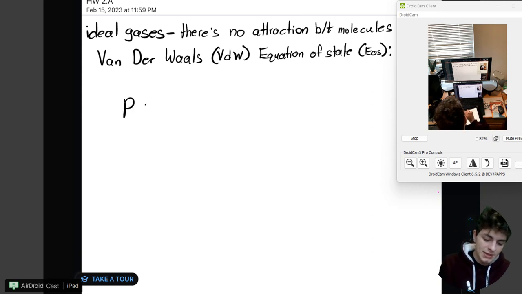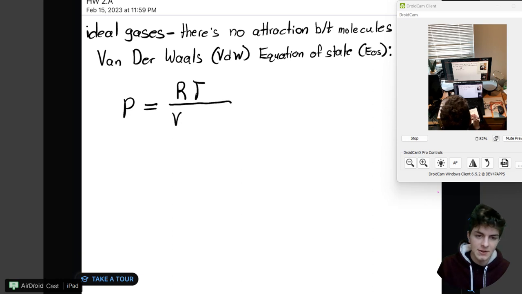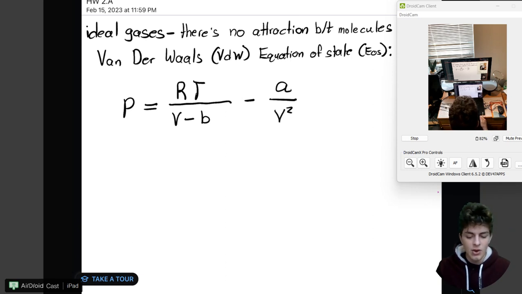The pressure for a substance of a gas is going to be shown by RT over V, this is going to be specific volume, so volume per mole, minus a new coefficient, B, that we haven't talked about before, minus, and this is the entirely new section, A over V squared.